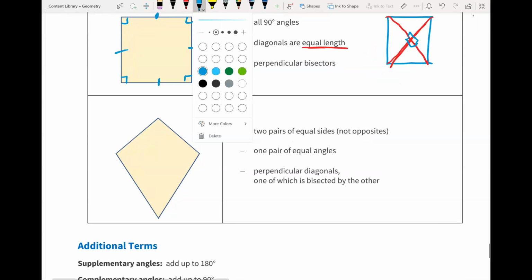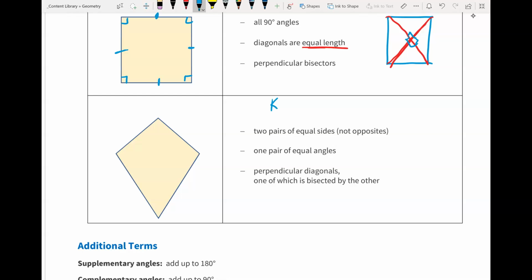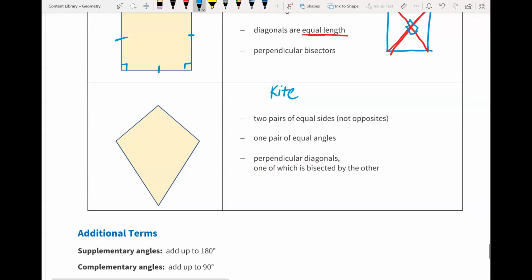And then lastly, we have the kite. So we have two pairs of equal sides and one pair of equal angles. So usually these two angles are the ones that are equal to each other. And the two pairs of equal sides could either be these two or they could be these two. Do they have to be?